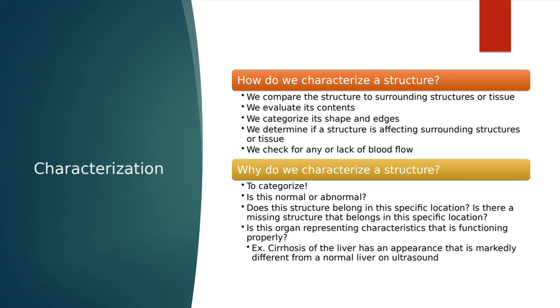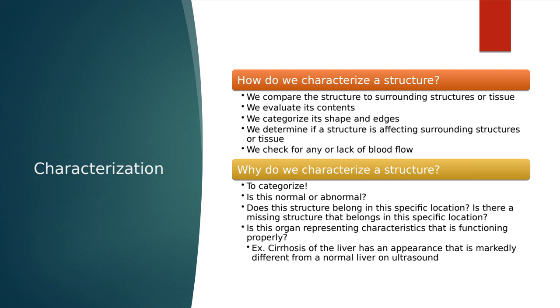So we're looking at the structure on its own, but then we're also looking at the structure and referencing its surrounding neighborhood. How is that structure affecting the tissues or the organs around it? How is it having an impact on what is going on in that nearby region? We see a lot of malignancies that have an effect on nearby structures.